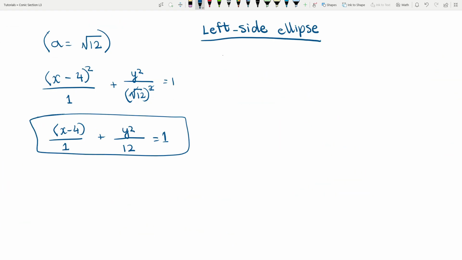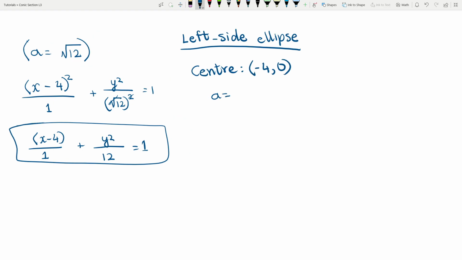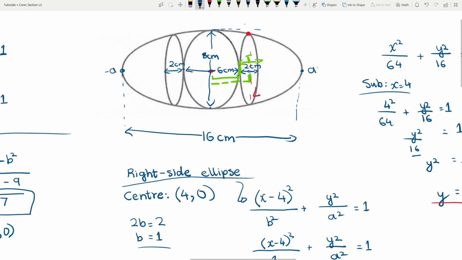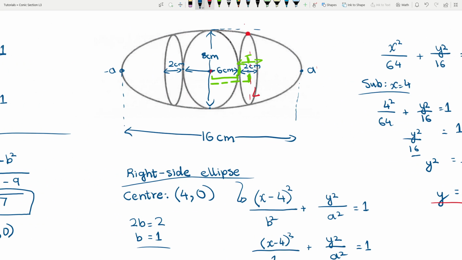So for the left side ellipse, we have to keep in mind the center is now negative 4, 0. Now our a value is square root of 12, because we know this, since we found this up to here.